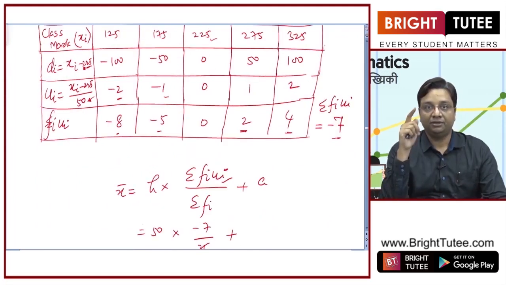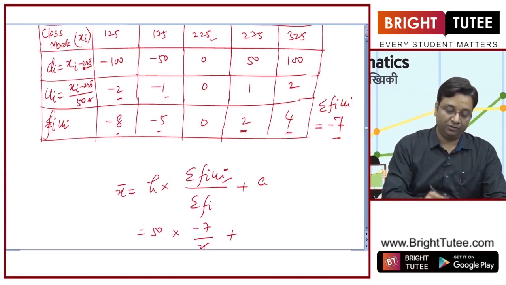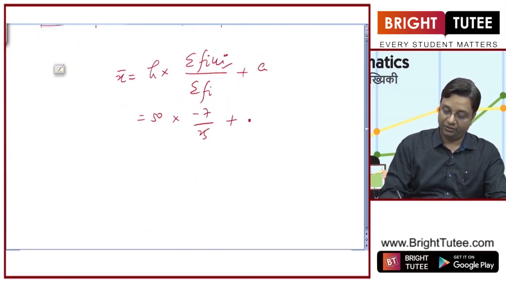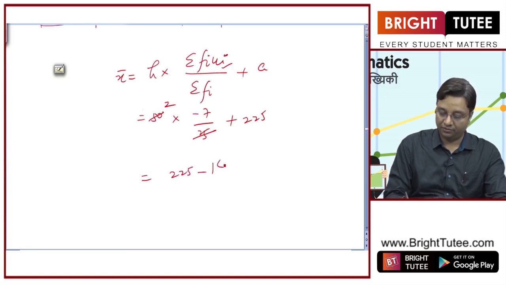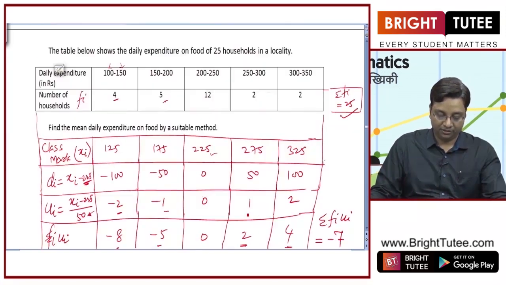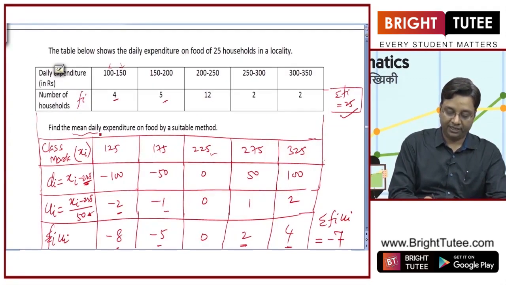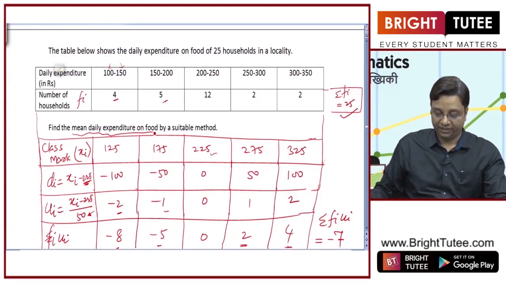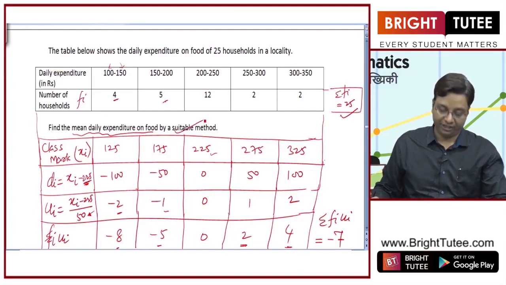A is the number which we assumed as our mean and subtracted from xi, right? It was 225. So we add it finally here. So this will give you 225 minus 14, which will give you 211. So this will be your answer for the mean daily expenditure on food. And which method did we use? We used the step deviation method.